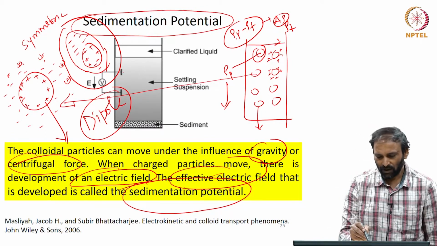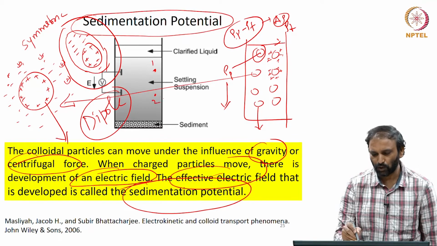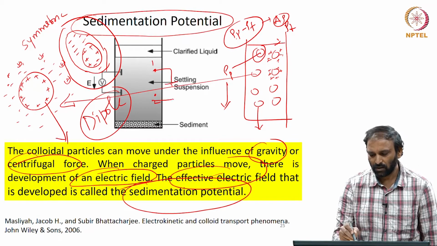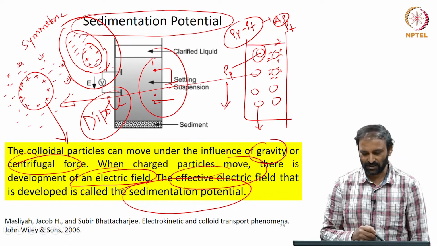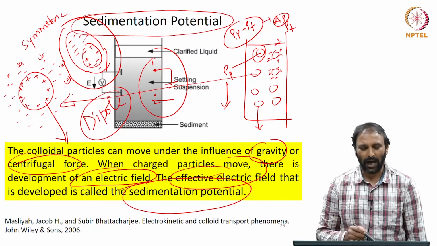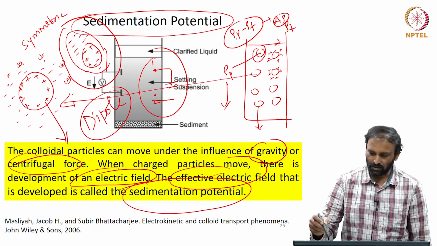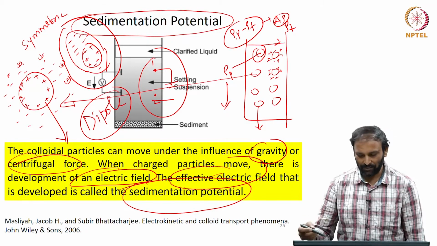Therefore, if you take two regions, for example, region 1 here and region 2 here, and measure the potential difference, there is going to be a potential difference that is developed that will depend on the concentration of the particles, the surface charge on the particle, and a lot of other parameters.